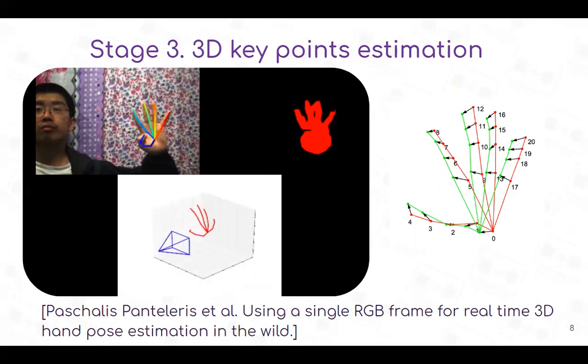The authors of the work using a single RGB frame for real-time 3D hand pose estimation in the wild used the idea that they can make projections of a kinematic model of the hand and optimize the parameters of that model in a way which will minimize the difference between projections of their mathematical model and the detected 2D key points.